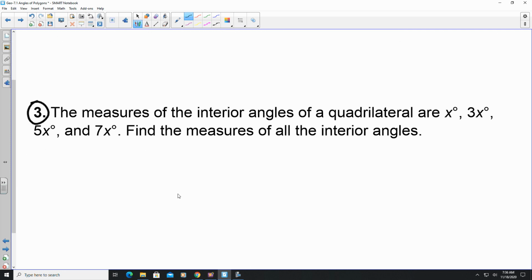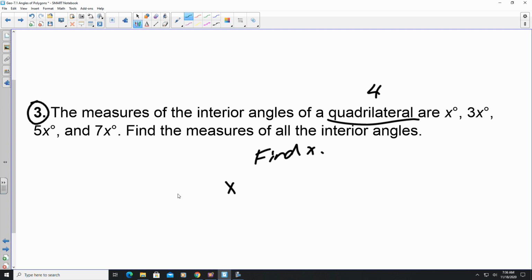If you look at number 3, the measures of the interior angles of a quadrilateral are x, 3x, 5x, and 7x. They want you to find the measures of all the interior angles. In order to do that, we must find what x is. They tell us it's a quadrilateral, a four-sided figure. So we know that the sum of all the angles is going to be 360.